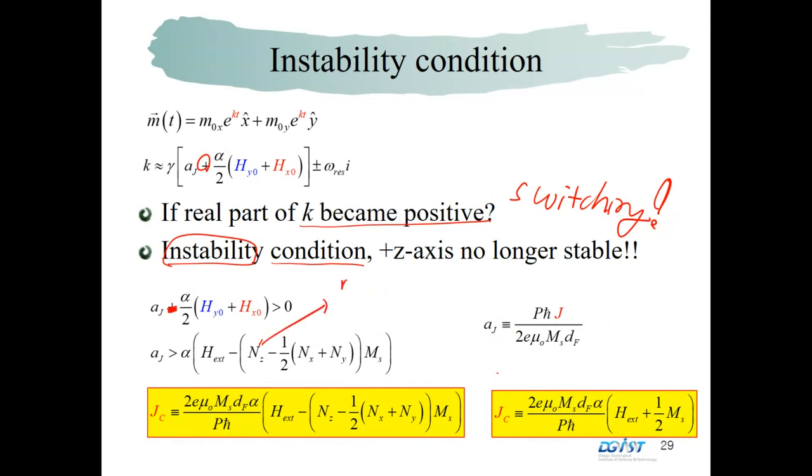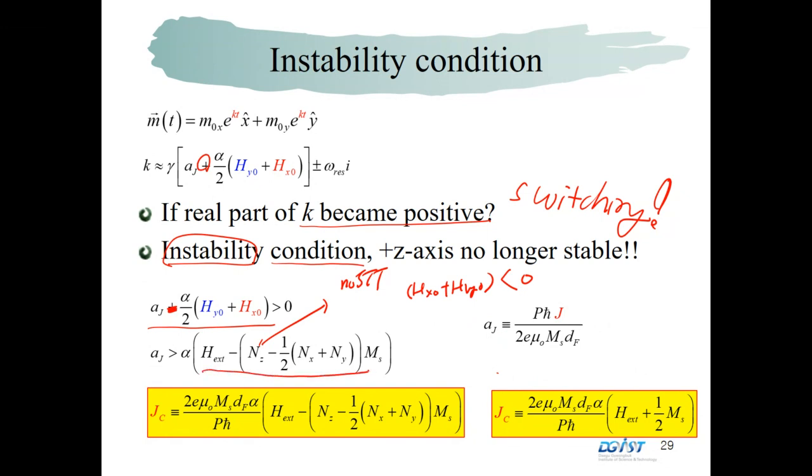If we ignore the no-STT case, we have an instability condition of this form. In this equation, I'm sorry, this should be negative. And then the alpha disappears. It doesn't matter what alpha is in a field switching.